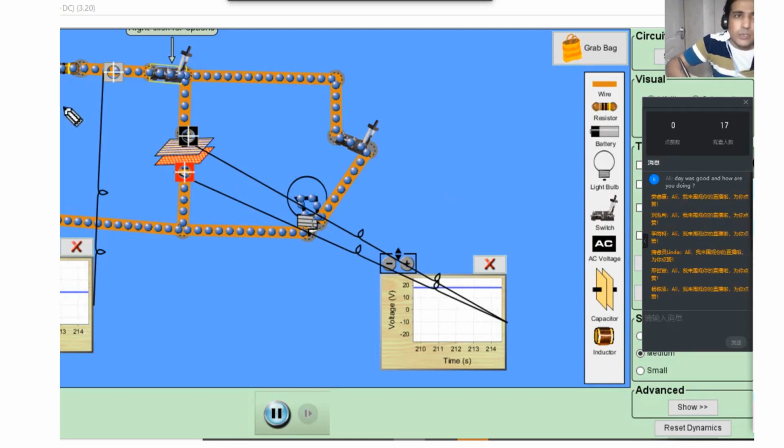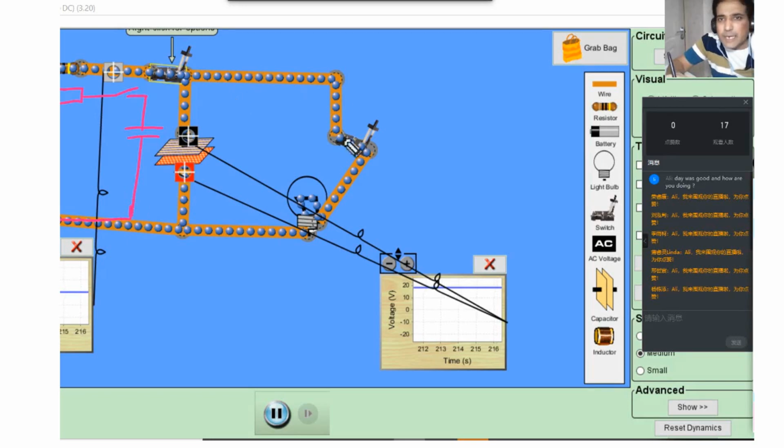I will just draw a small circuit for you to see what we have. We have one resistor here. If we go here, we have one switch. And then we have one capacitor at this point. And here we connect, and this circuit is complete.